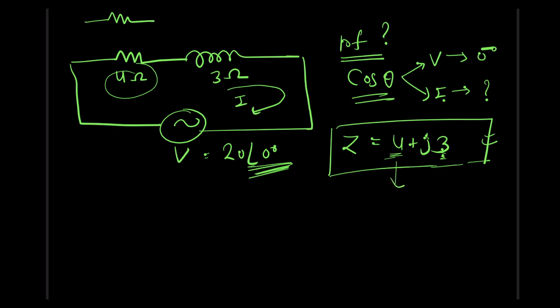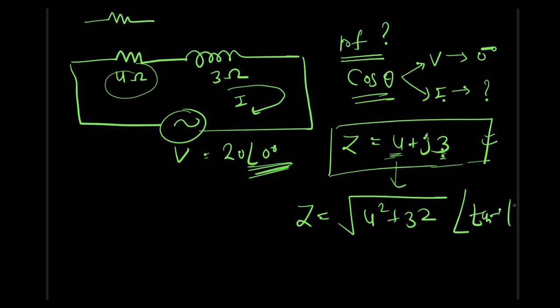Further solving, this Z will be equal to the square root of 4 square plus 3 square. This is the magnitude. Angle is tan inverse 3 by 4. From here Z will be equal to 5 at an angle of tan inverse 3 by 4, which is 36.86 degree.